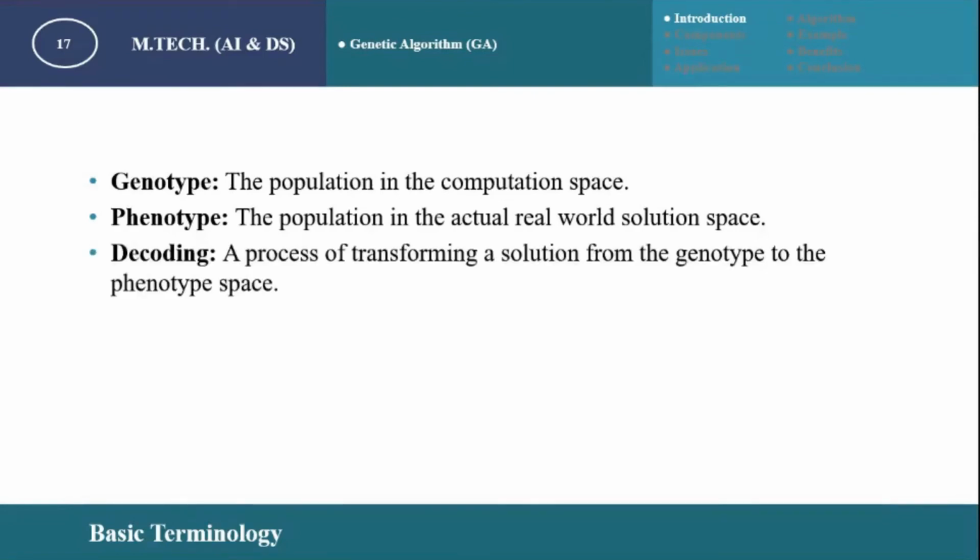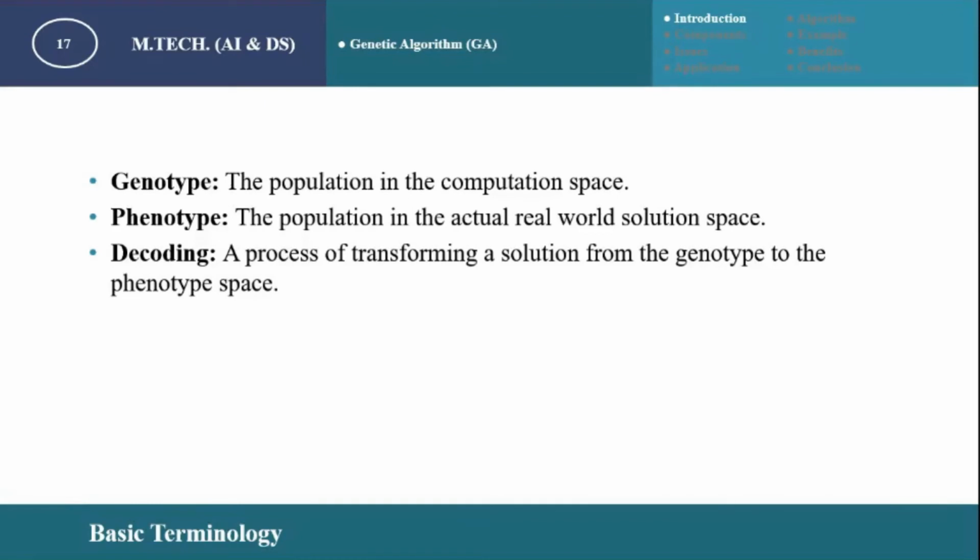Decoding is the process of transforming a solution from genotype to phenotype. Encoding means we are coding the phenotype, the solution in the actual space. In the case of the traveling salesman problem, the salesperson moves from 1 to 2, 2 to 3, 3 to 4, 4 to 5, and so on. That is the actual solution.